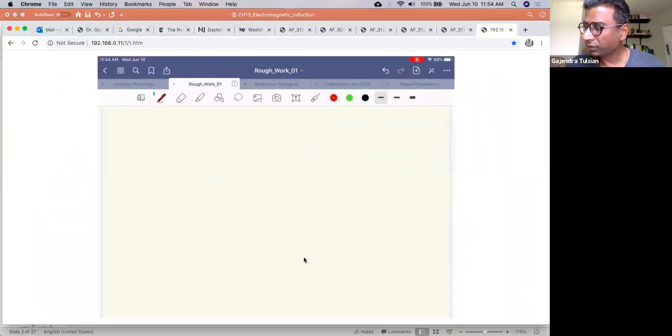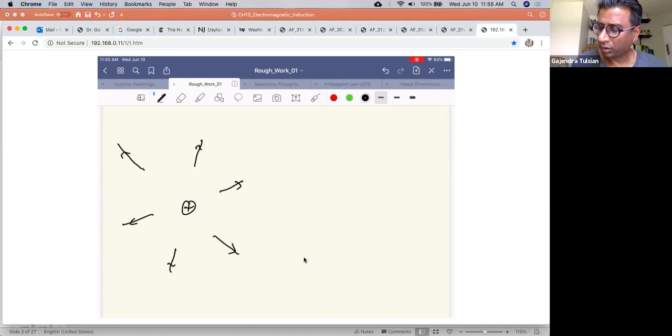So the electric fields have different natures. Let's say this is a charge that's producing an electric field like this. Now, if you take an arbitrary loop and calculate the electric field around that loop, this line integral will be 0 for this electric field.